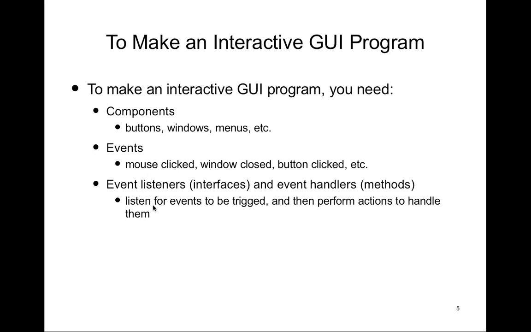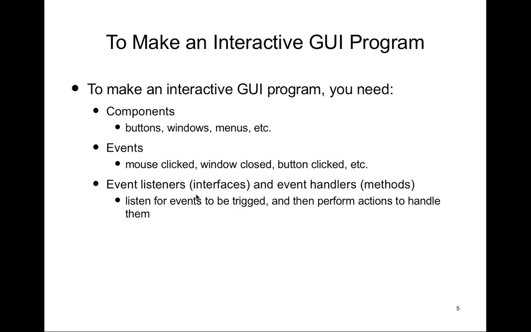Event listeners, which are interfaces, and event handlers, which are methods. For those of you taking the Android class, we've been covering these so far. If you've taken that class or you're taking it concurrently, it's all the same stuff. It's all Java. But I'm going to review it for non-Android applications so you can see how it works.